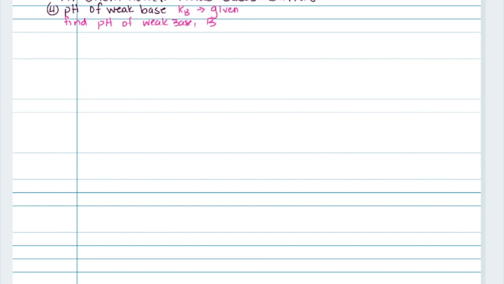B. If the Kb is equal to 2.3 times 10 to the minus 7, and perhaps they'll tell you that the base has a concentration of 0.02 molar. The reaction that will drive this would be B plus H2O yields HB plus OH minus.